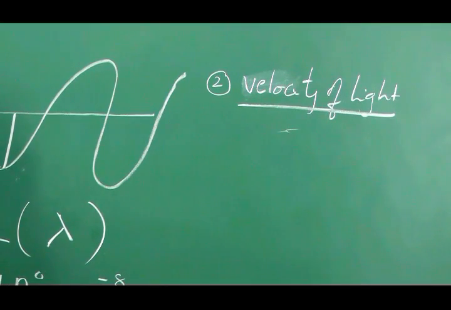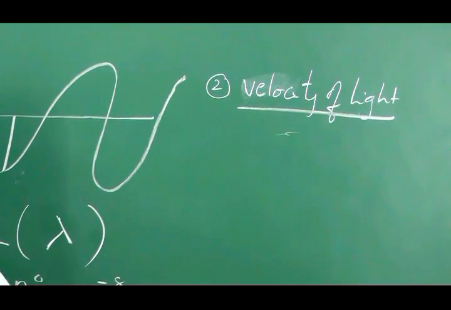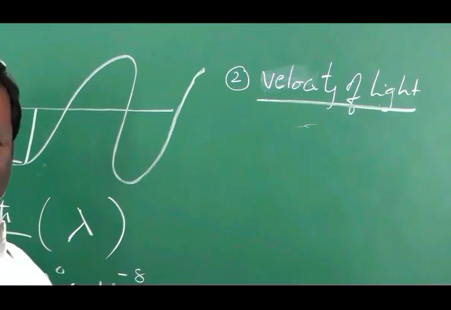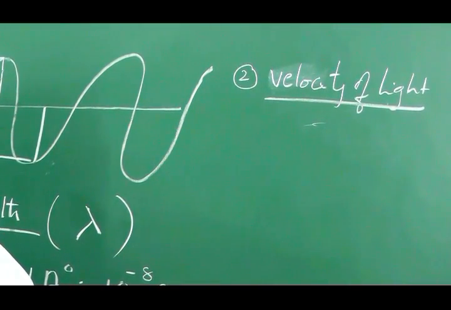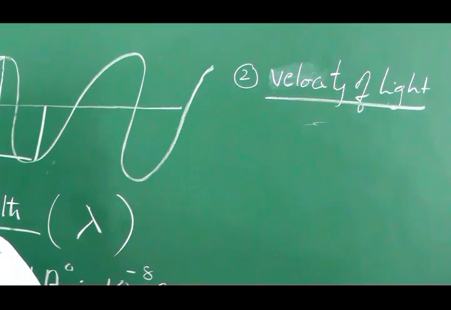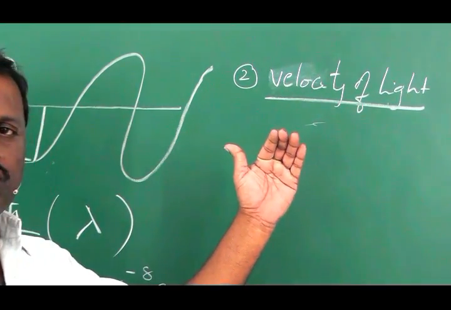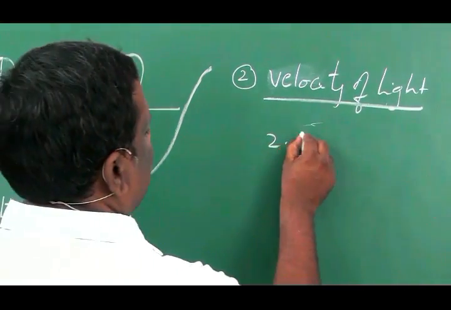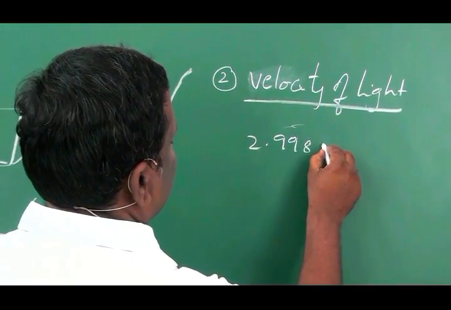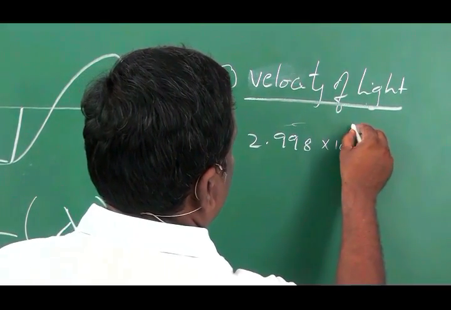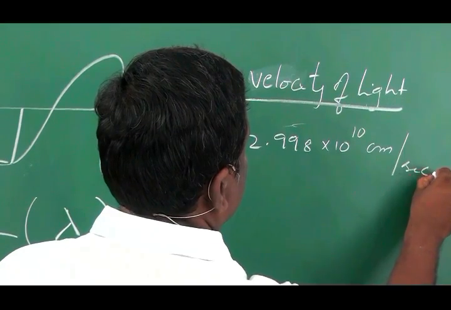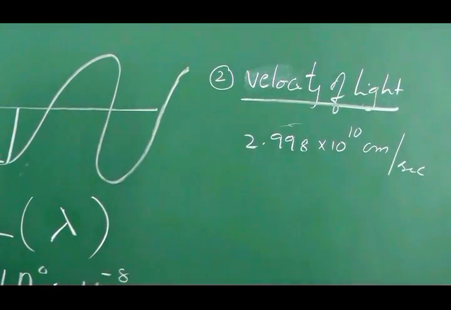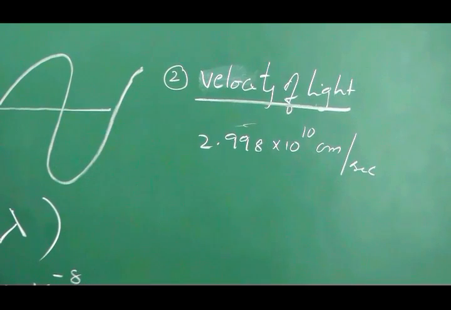Generally, in vacuum or in air, any electromagnetic wave, whether it may be a radio wave or microwave or infrared radiation or visible light, whatever it may be, it travels 2.998 into 10 to the power 10 centimeters per second.